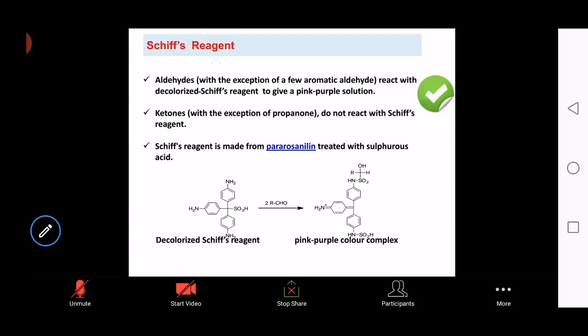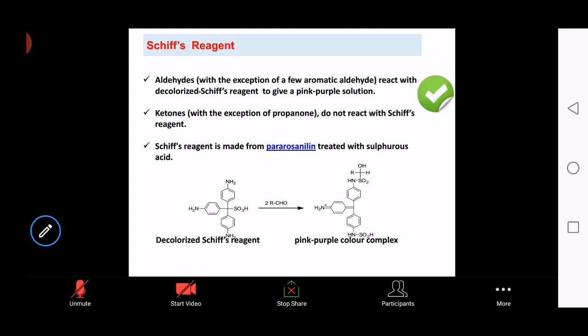Okay, next is about Schiff's test. Aldehyde with the exception of few aromatic aldehyde react with decolorized Schiff's reagent to give a pink purple solution. Ketone do not react with Schiff's reagent. Schiff's reagent is made from pararosaniline treated with sulfurous acid.